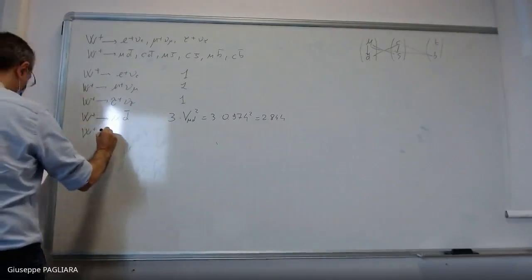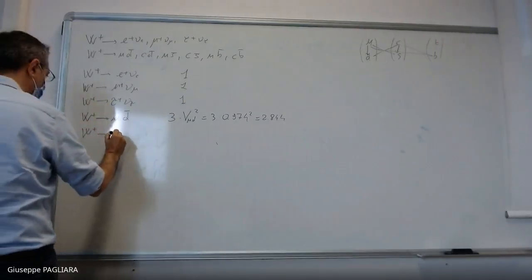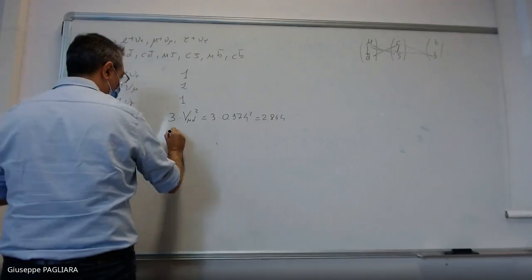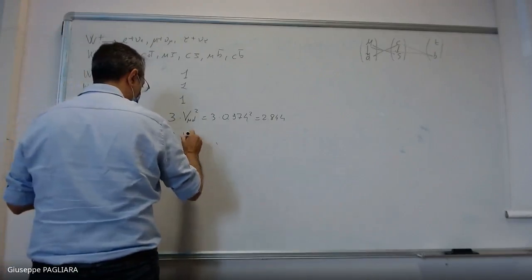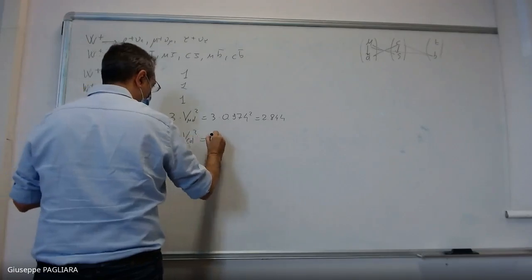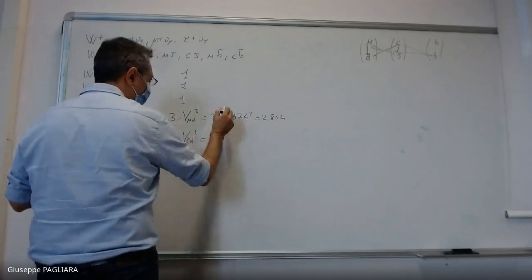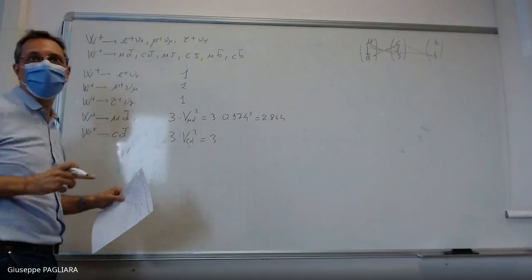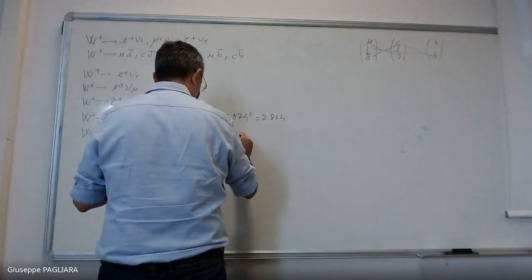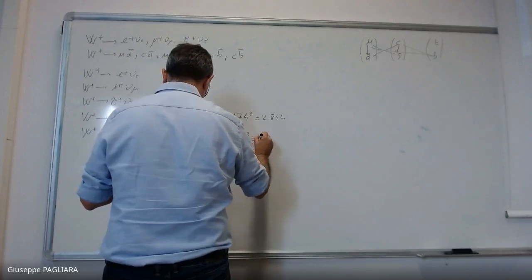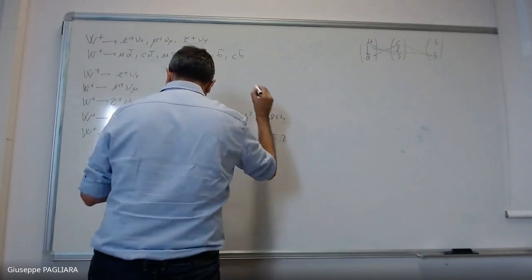Now let me go quickly to all the others. The second is c d-bar, which is 3 times V_cd squared. Now we have to pick up each time the proper element of the CKM matrix. So this is 0.225 squared, so this is 0.152.